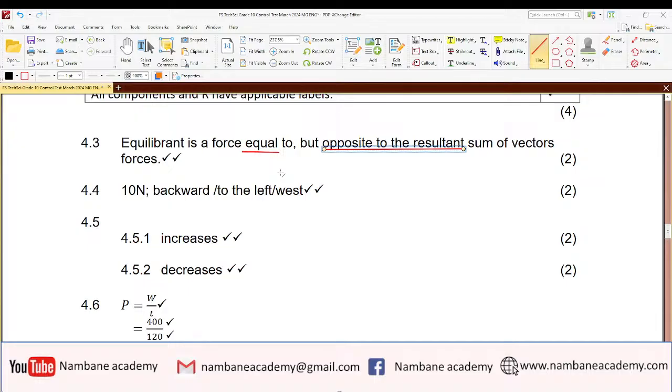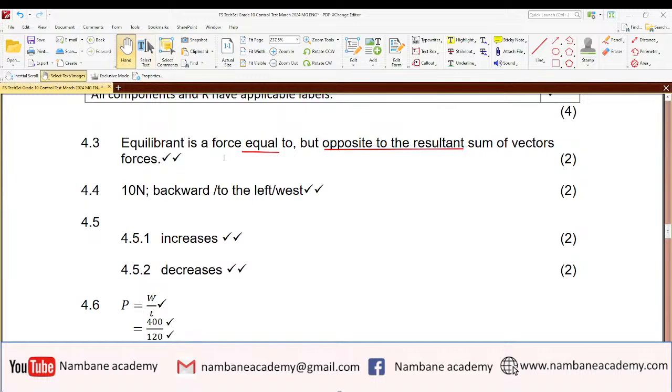Equilibrium is a force. That one is known. But what is critical? It is a force that is equal to the resultant force but acts in an opposite direction. If the context is correct, ladies and gentlemen, if the context is right, kindly award the learners those marks.